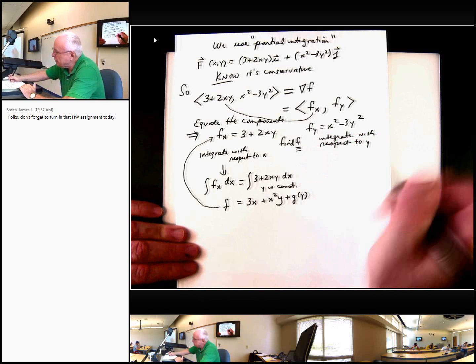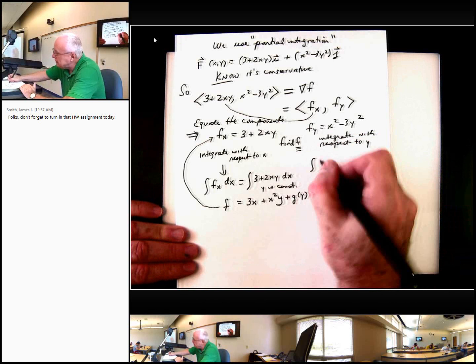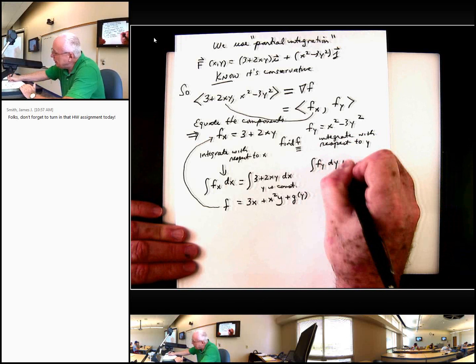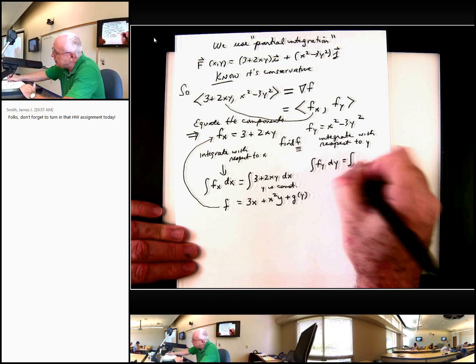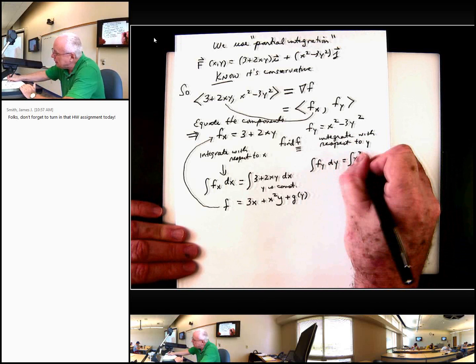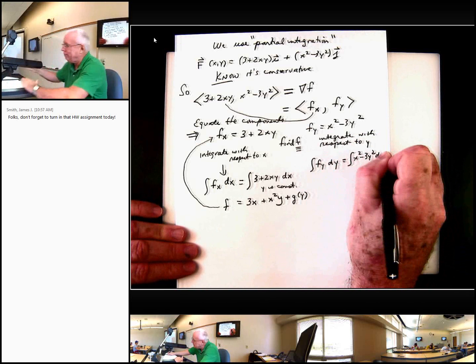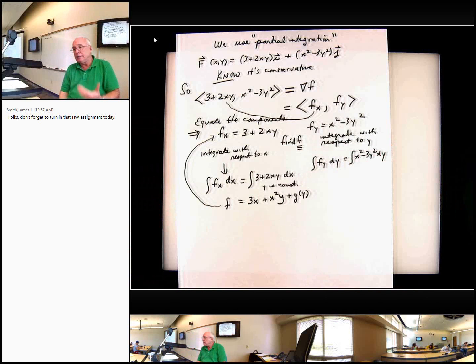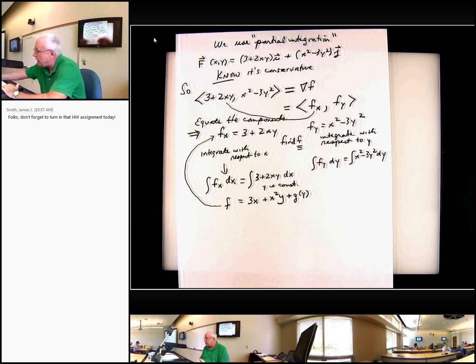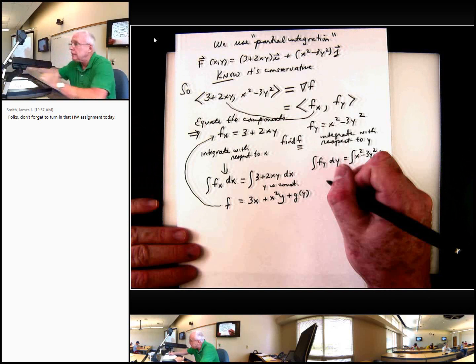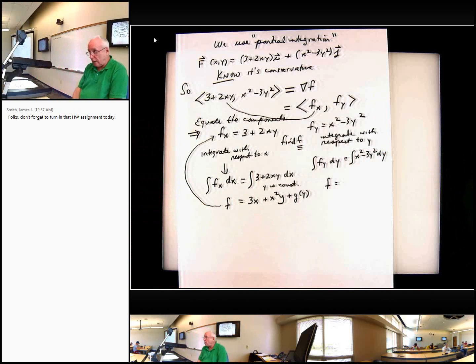So we're going to have the integral of fy dy equals the integral of x squared minus 3y squared dy. All right. Now, on the left-hand side, the operations will cancel themselves out again. I have the partial with respect to y, I'm integrating with respect to y. So I'm still going to end up with little f on the left side.